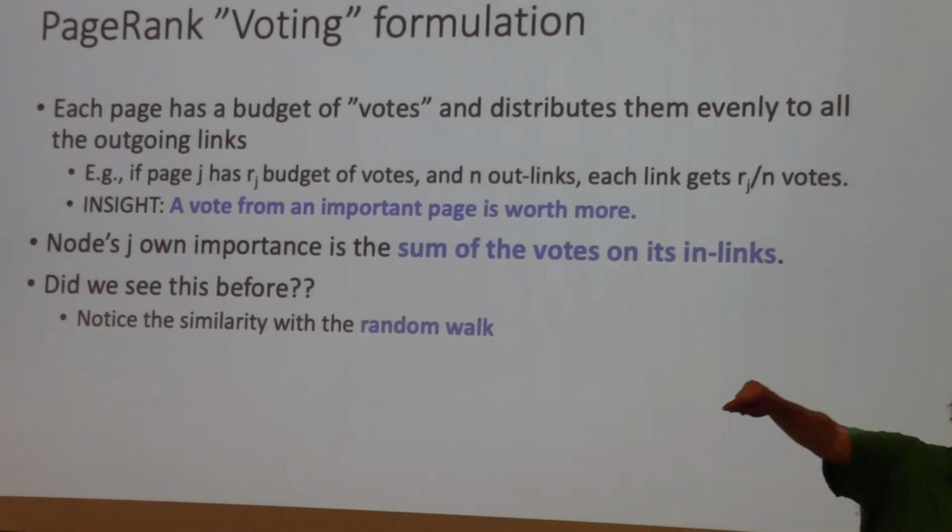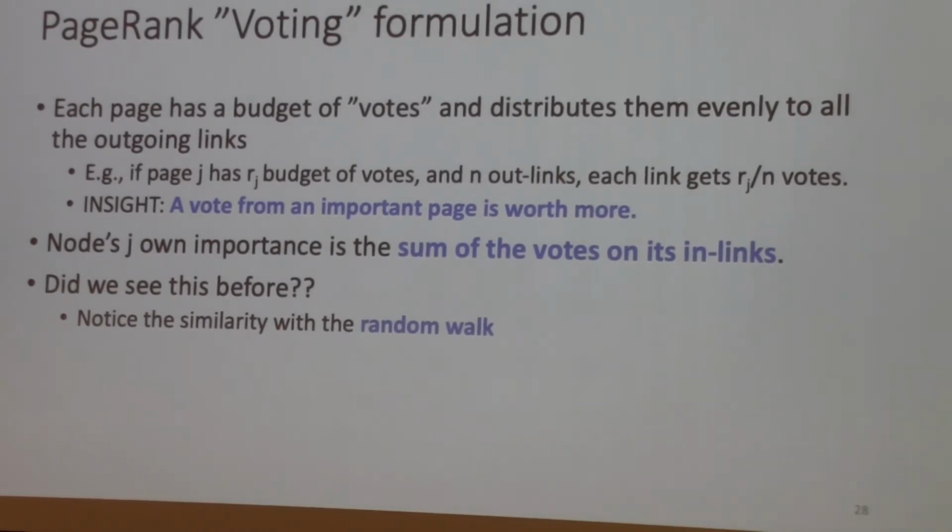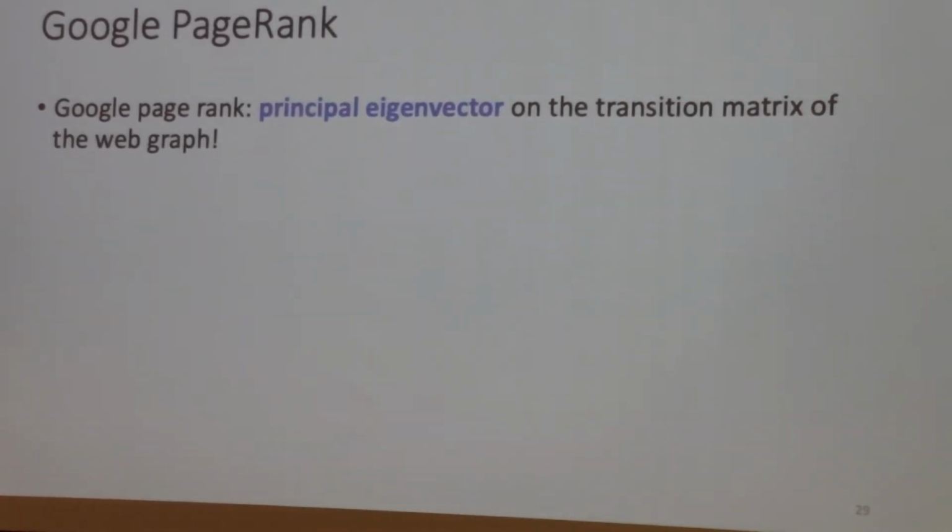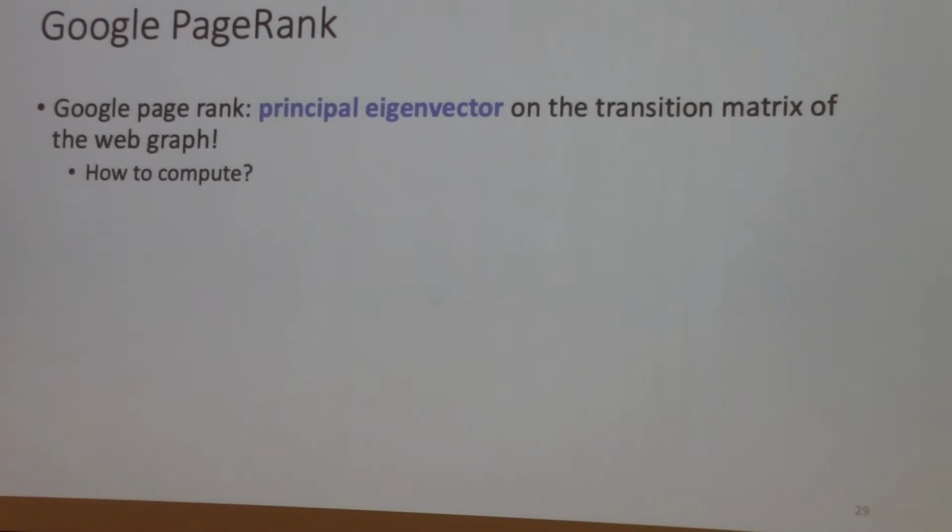You go out, and then you come in, and you go out, so you keep circulating around. Google PageRank then is the principal eigenvector of the transition matrix of the web graph. That is the basic definition of PageRank.